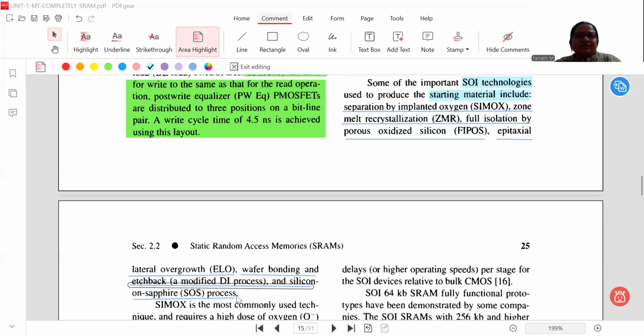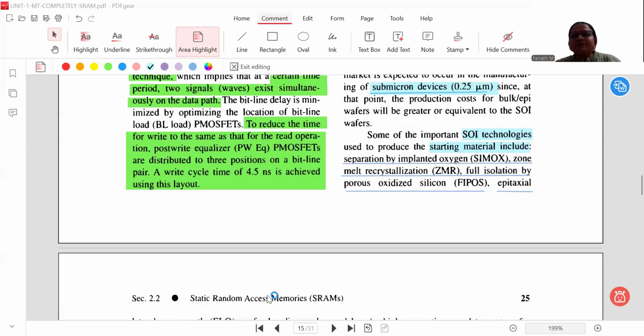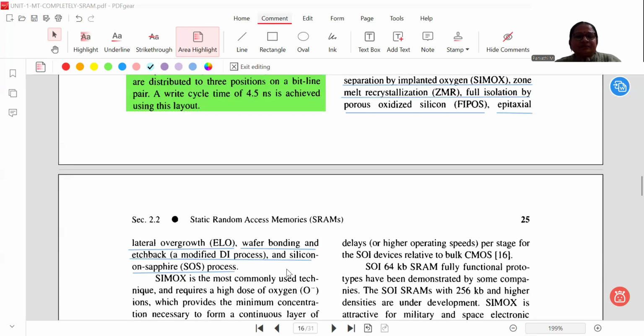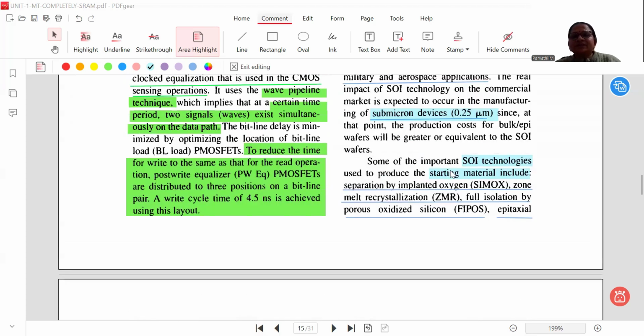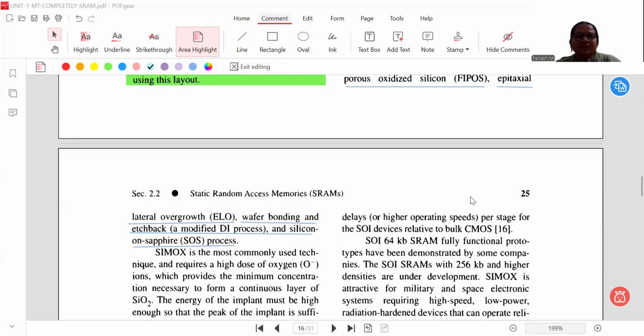Then another one is vapor bonding and etchback, a modified DI process that was observed in the silicon and sapphire SOS process. So these are all different techniques which are essential for SOI technologies to form. These are the starting materials to be used.